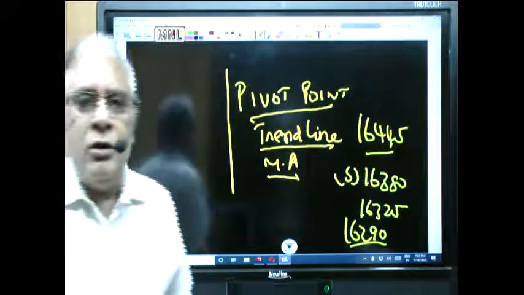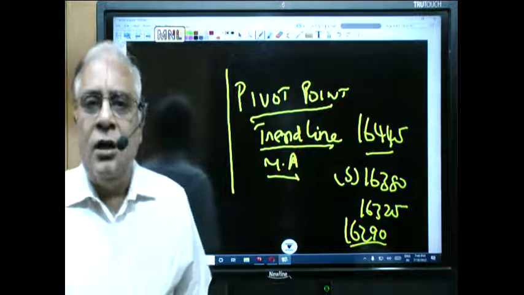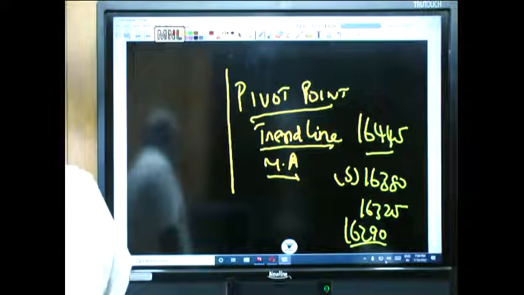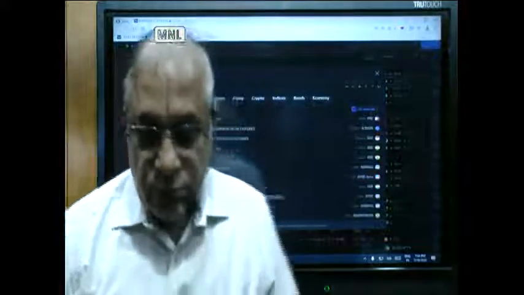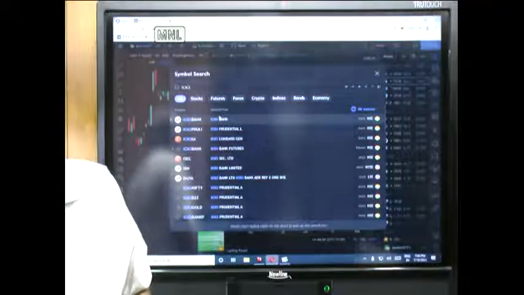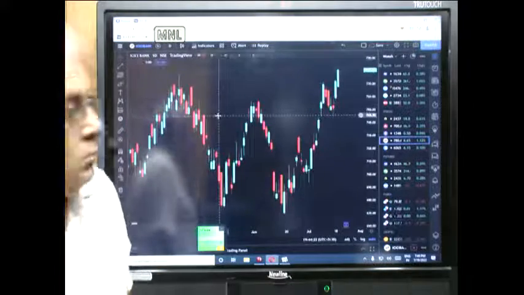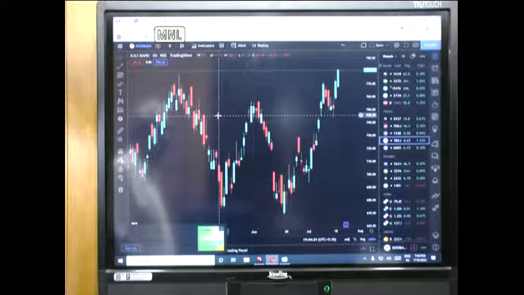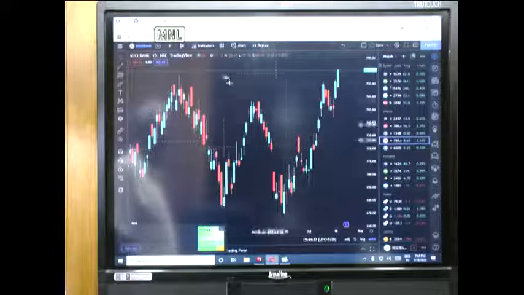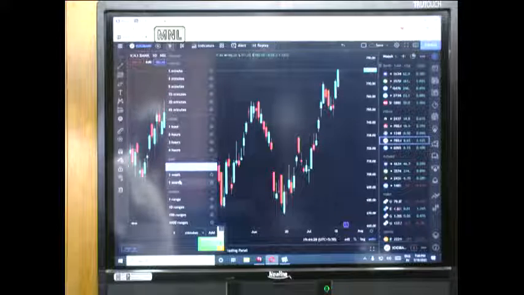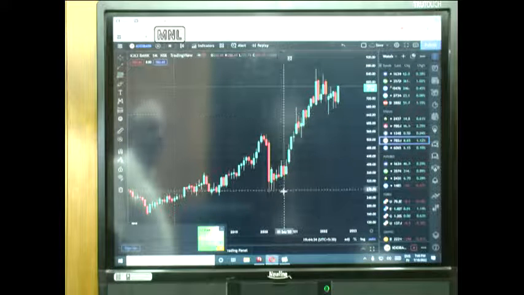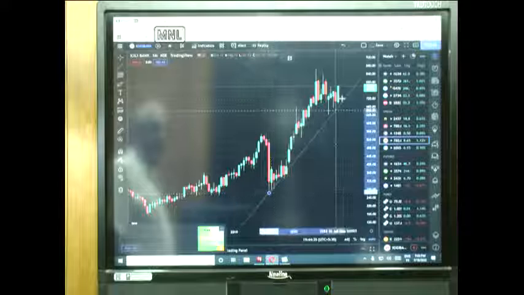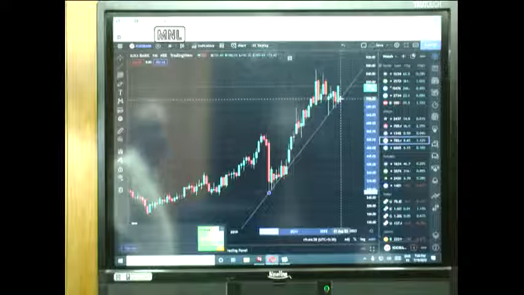The same thing you have to just look towards application in any of the other stocks. Maybe one stock in the bank we will look at, which is a good tradable stock, which is ICICI. So this stock, you can look at the big picture if you want, on the monthly chart, and the same thing you can use in a daily chart.